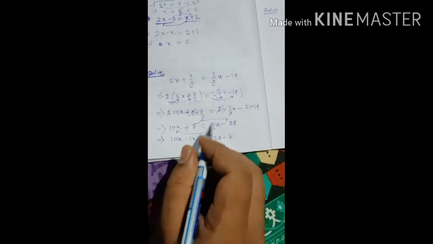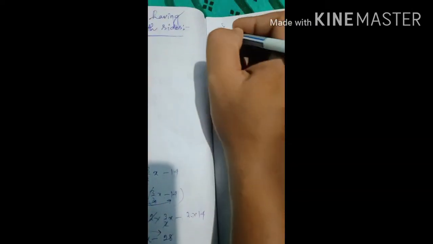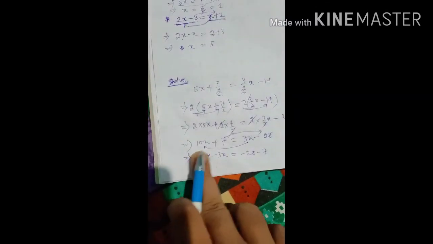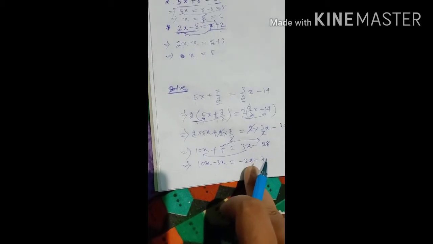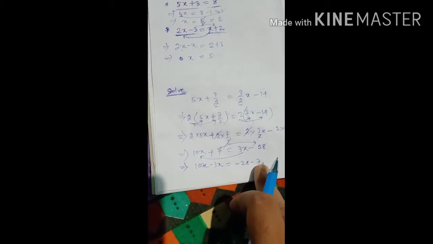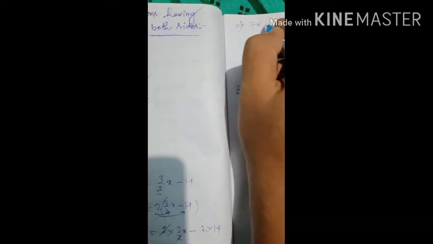Right now, so what will we get? 10x minus 3x will be 7x, and minus 28 minus 7 will be minus 35. Right now, so 7x is equal to minus 35.